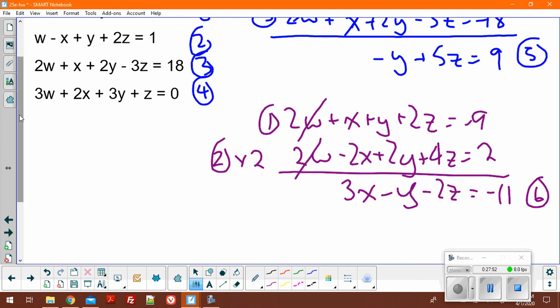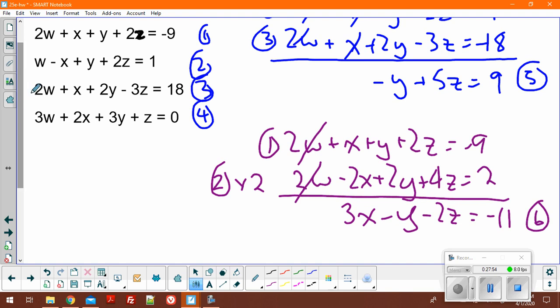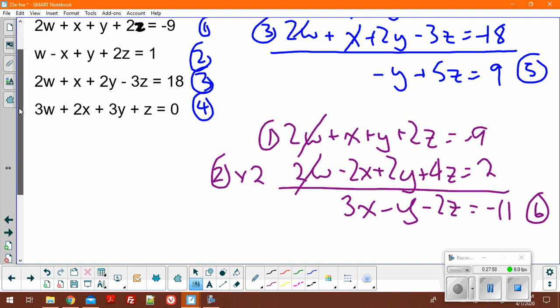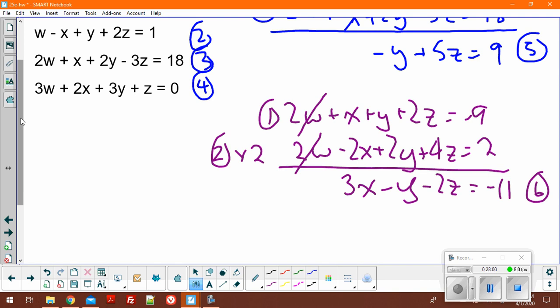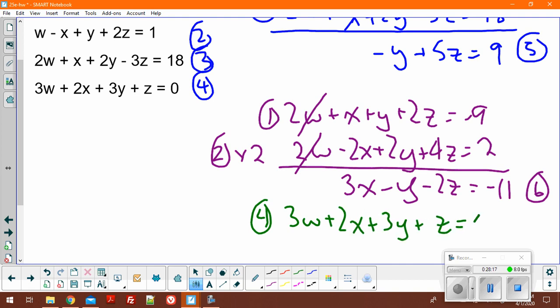Now I need another pair. So let's use 2 and 4 because I only have to multiply one of the equations. I'll start with equation 4. It's 3w, and so on. And then I'm going to take equation 2 and multiply it by 3.